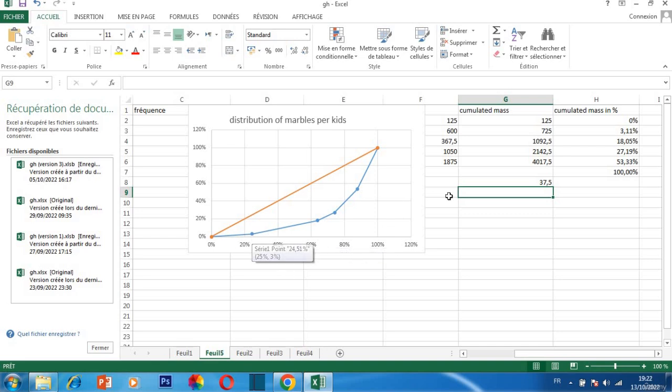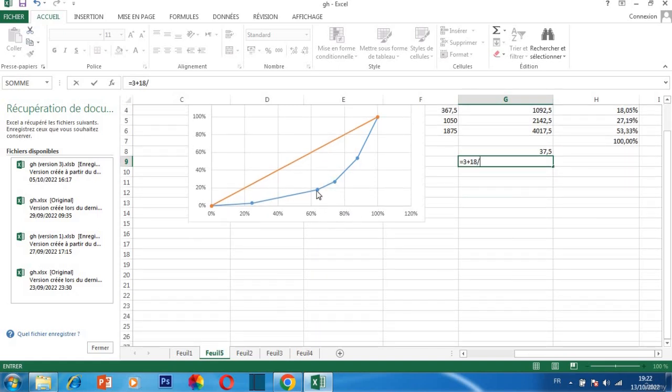The small base here we have 3, plus 64 here, the big base, 18, divided by 64 minus 25.